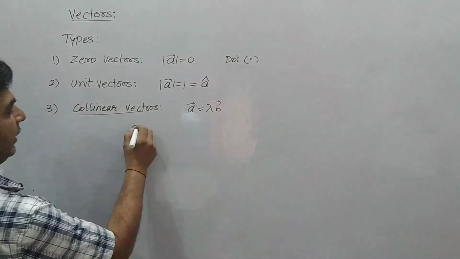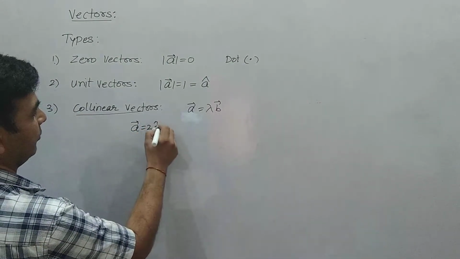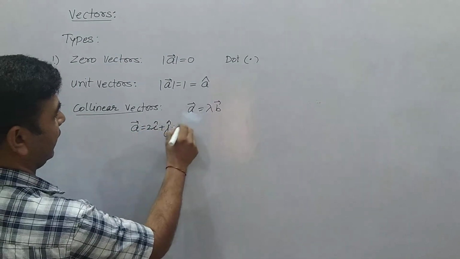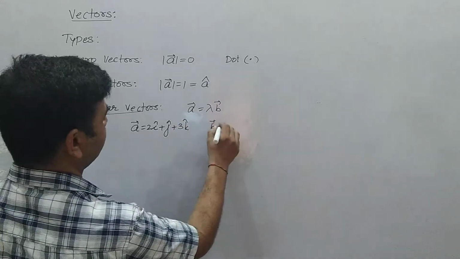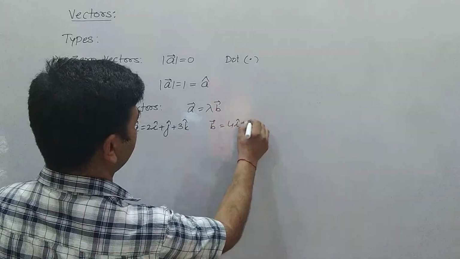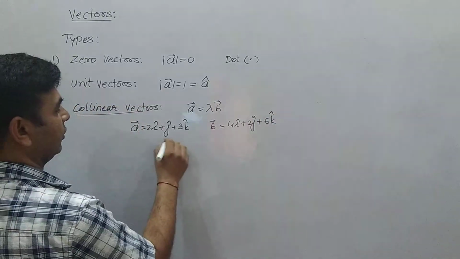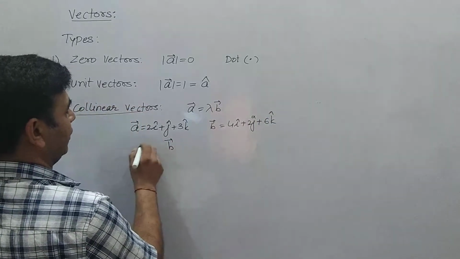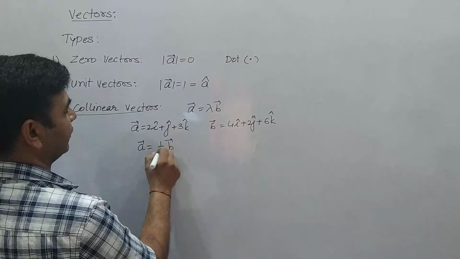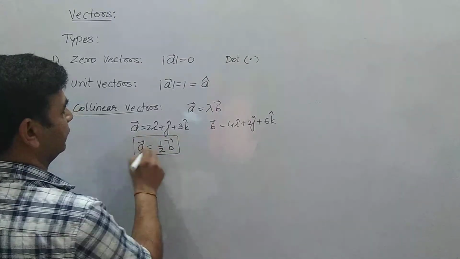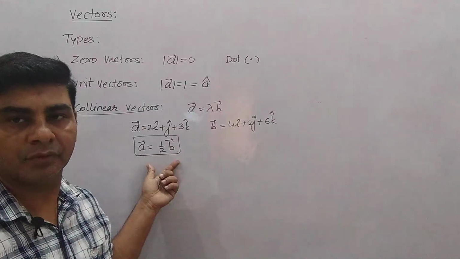For example, if vector A is 2i cap plus j cap plus 3k cap, and vector B is 4i cap plus 2j cap plus 6k cap, here you can see vector A is half of vector B. It implies these 2 vectors are collinear vectors.